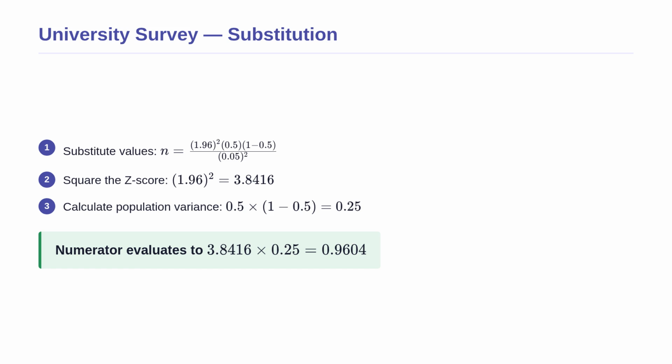Multiplying these together gives a total numerator of 0.9604. Squaring the Z-score is a crucial mathematical step because it ensures that negative statistical fluctuations do not cancel out positive ones, keeping our estimates safe.